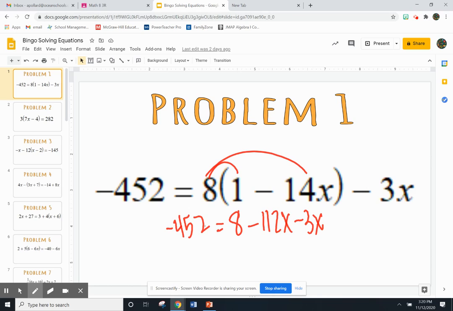All right, combine, we get negative 115x plus 8 equals negative 452. Subtract 8 from both sides, we get negative 460 equals negative 115x. Divide negative 460 by negative 115, and I get x is 4.